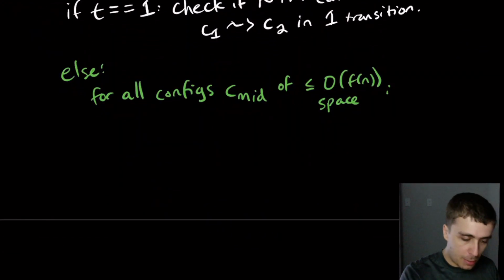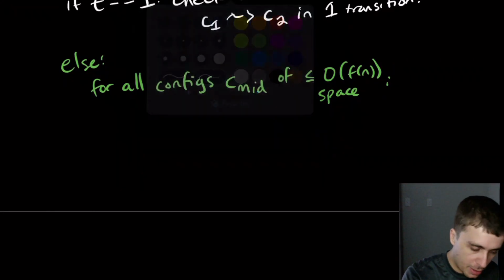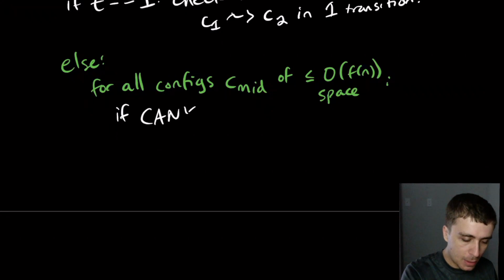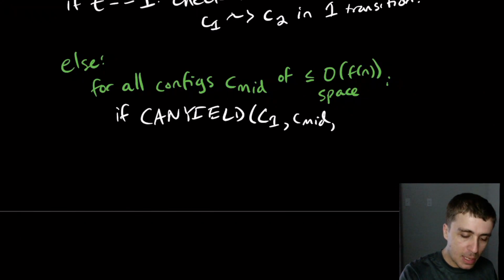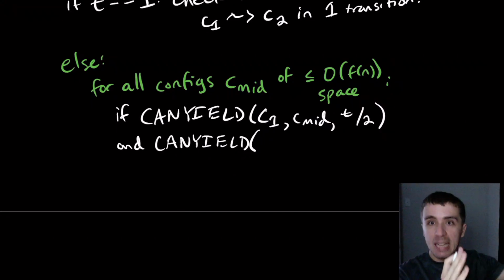So then actually what I'm going to do is return, I'm going to write it really simply. So if we have the case of can yield from C1 up to C mid in T/2 transitions, and we have the case of can yield from the midpoint to the end, which is C2 in our case, that's what we called it.